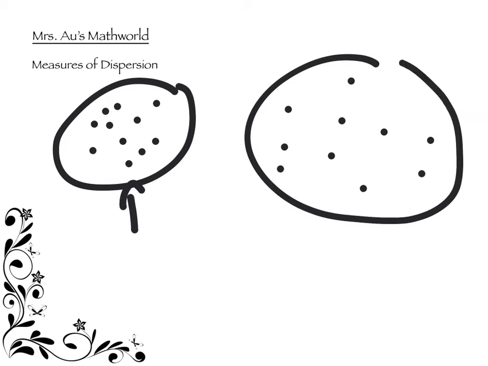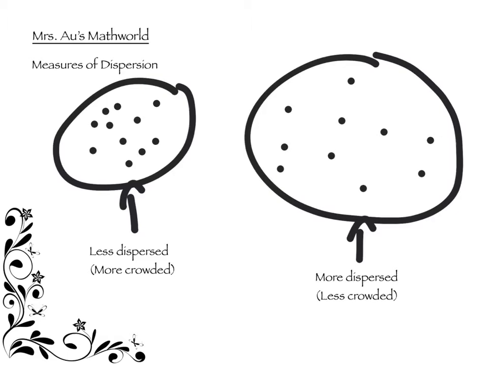These two are different. This one is less dispersed, which means more crowded in English, but in math it is called less dispersed. Measures of dispersion. For this other set of data, it is more dispersed, which is less crowded.